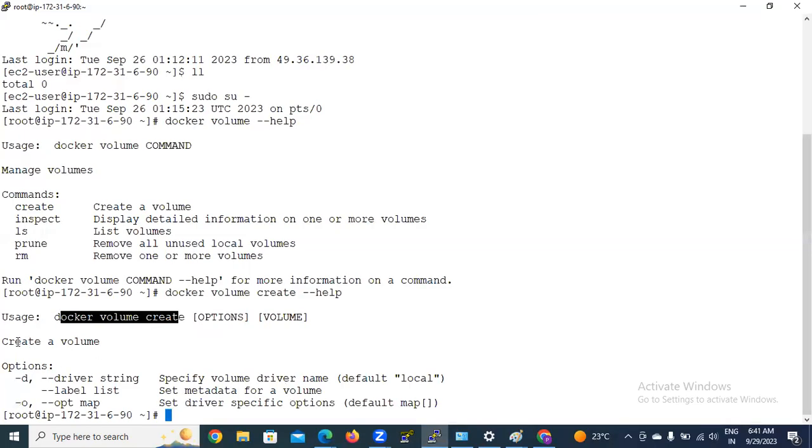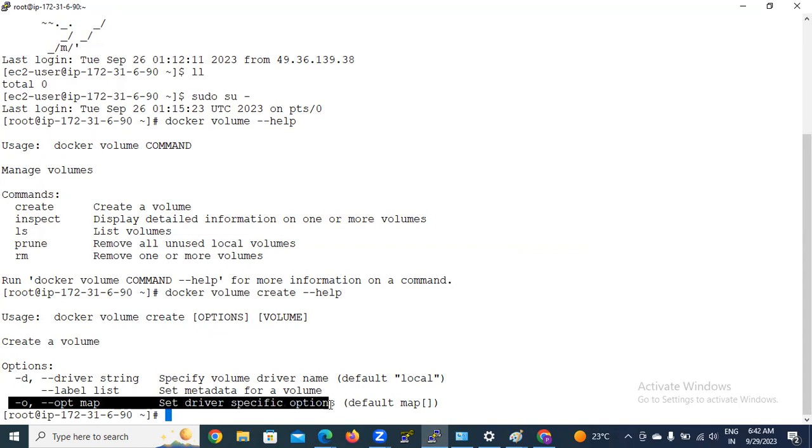Here we have the create volume options. D means detach mode. Then a specific volume driver name, labels list, and hyphen O means opt map, set driver specific options, default map.